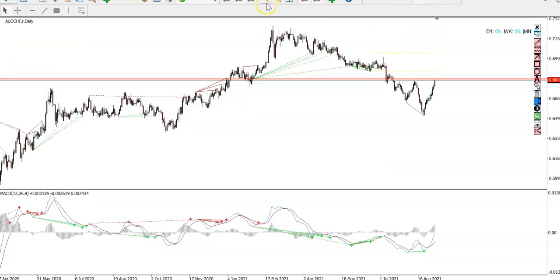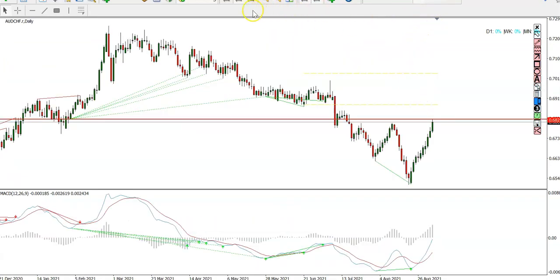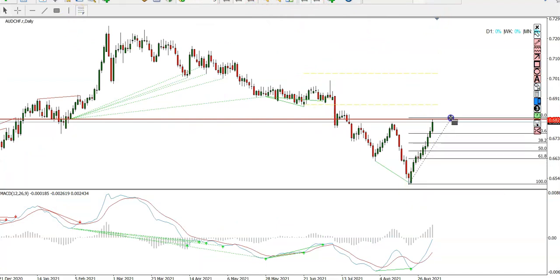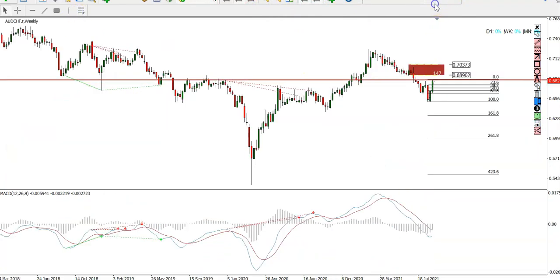I do expect this to possibly retrace at least 50% of this move down here, and it could be a false rally up and then a move back down towards this weekly area down here.